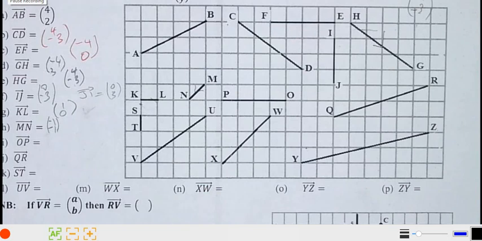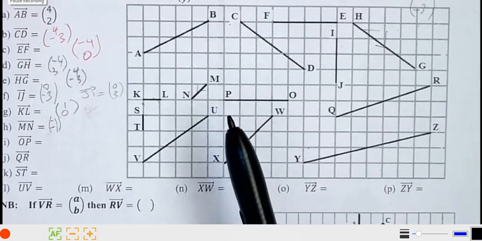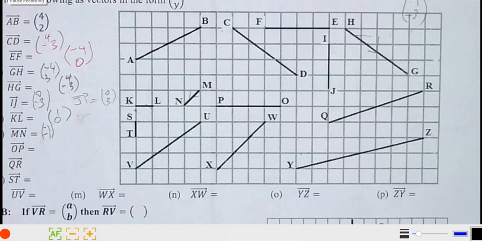Alright? Can somebody go to the board and explain that quickly? Anybody want to go to the board and explain that? Okay, go ahead. Just explain why it is. So remember, looking at O to P. Go ahead, hurry.